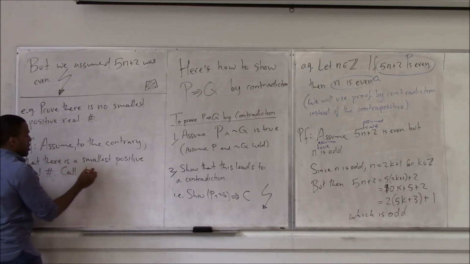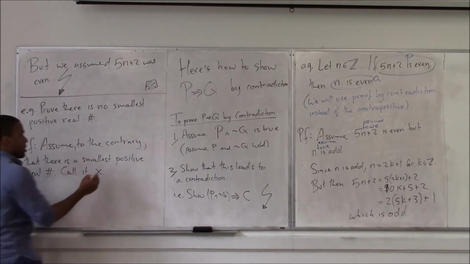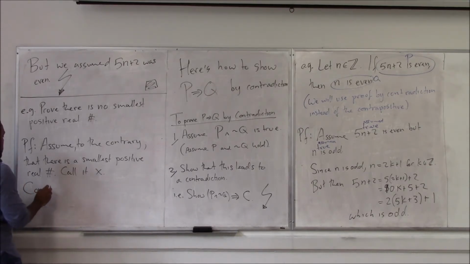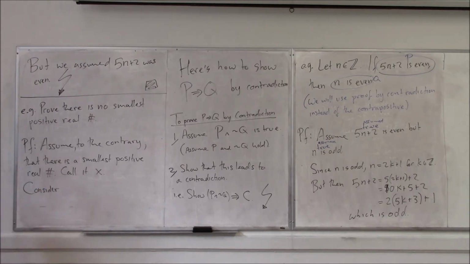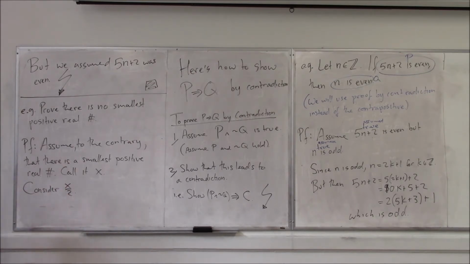Call it X. Now here comes the crazy word. Consider. In this case, it's not going to be so bad. Can anyone tell me what to consider? Give me an example of something to consider. X over 2. Let's look at half that number. Consider x over 2. I just took that real number and divided by 2.